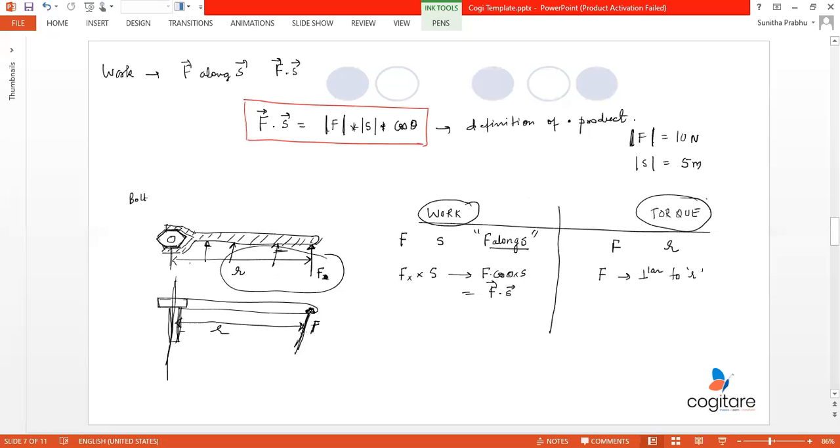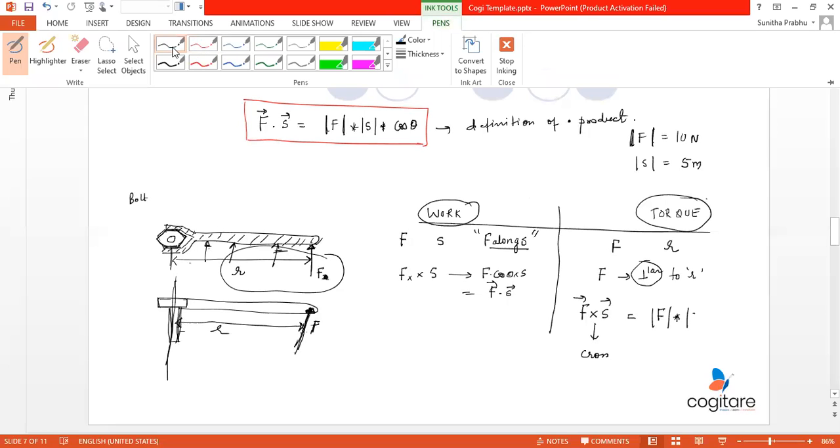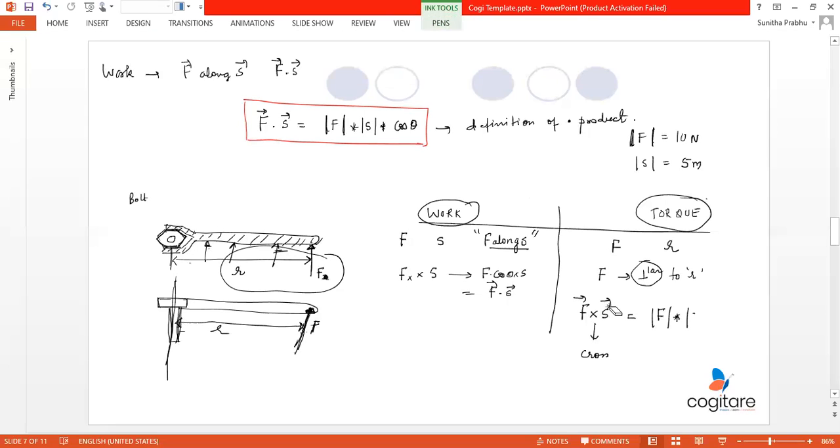Whereas here, I need F perpendicular to R. In order to bring in this perpendicularity, I define what is called F cross R. Here, this is not a dot, this is a cross. What is the definition of this? This will be F magnitude into, sorry, not S, it should be R, magnitude of R into, can you guess, sine theta?